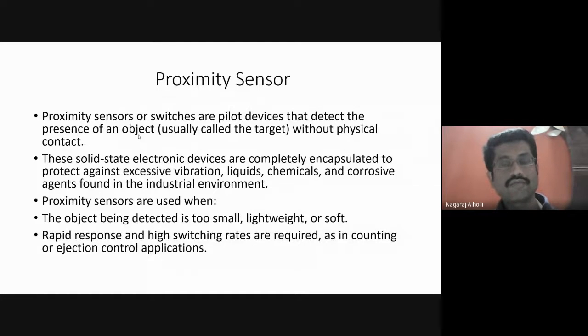Ejection control, for example, is a vending machine, a coffee vending machine, or Coca-Cola vending machines, where they eject the Coca-Cola tins at a certain speed. That is nothing but the ejection control application. In such applications, these proximity sensors are used.